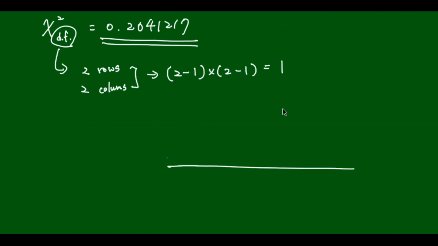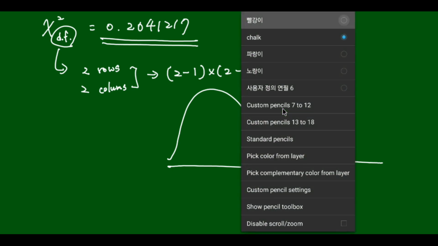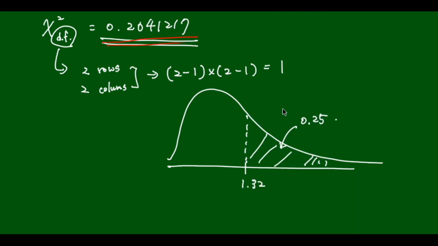which means the chi-square distribution looks like this, and I know that 1.32 corresponds to the p-value 0.25, and my test statistic is way smaller than 1.32.